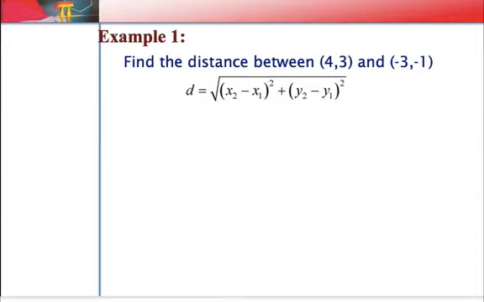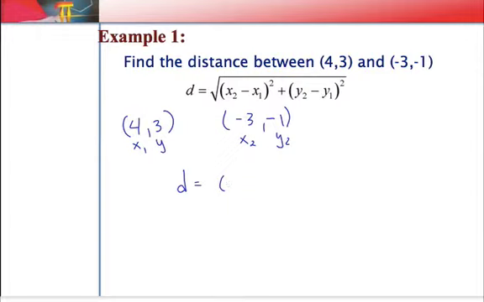Now one thing I'd really like you to do is, when you have your points like this, it's really helpful to label them as x1, y1, and then x2, y2. So label them right underneath, and that's going to help you make sure that you plug everything into the correct location in your formula. So the distance is going to equal x2 minus x1 squared.